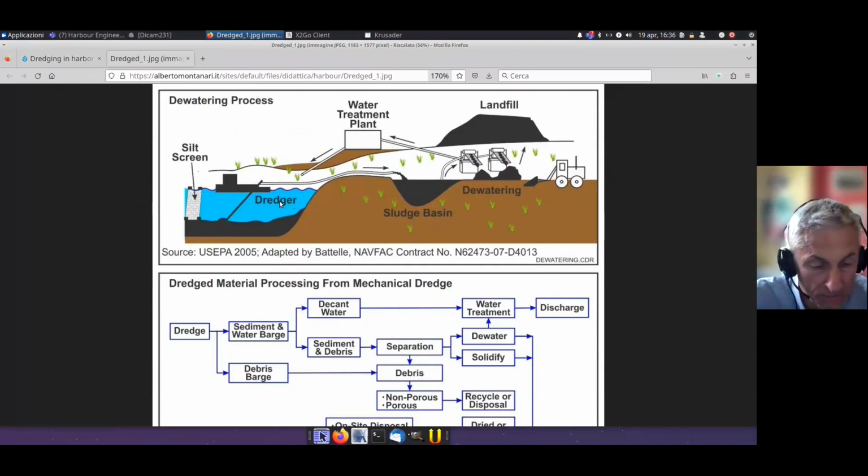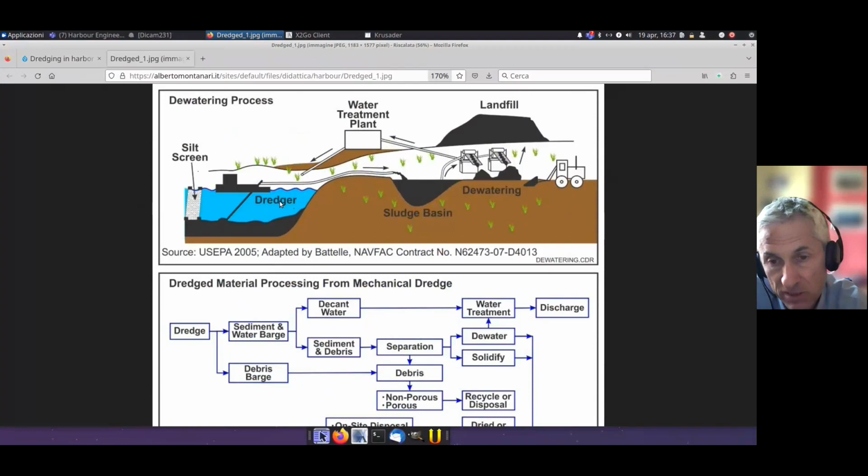And then through a pipe, the water plus sediment is brought in a sludge basin. This is a typical configuration.